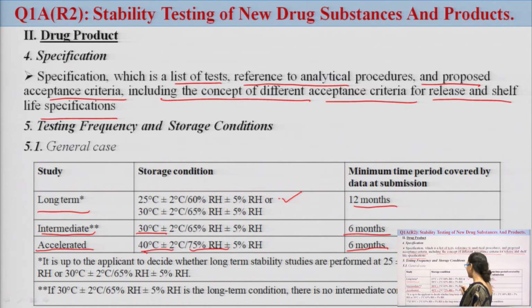So again, if we choose 30 degrees Celsius temperature and 65% RH for long term stability study, in that case we do not need to perform intermediate study. We can omit that part.